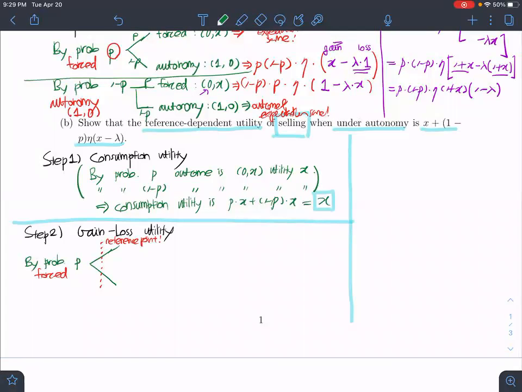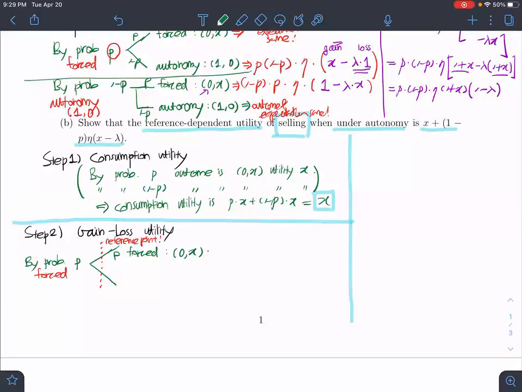With probability P, I was expecting to sell the mark because I was forced to trade. Before I went into this game, I was thinking that I am forced to trade. And my outcome, after this experiment, I will be left with $0 because I sold the mark, and I get X dollars.